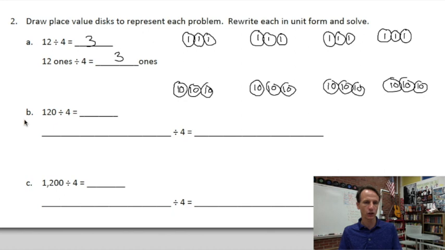So I've handed out all 12 tens, all 120 donuts, equally to 4 people. So how many donuts did each person get in numerical form, in standard form? 10, 20, 30. They got 30 each. So that's my solution. 120 divided by 4 is 30.